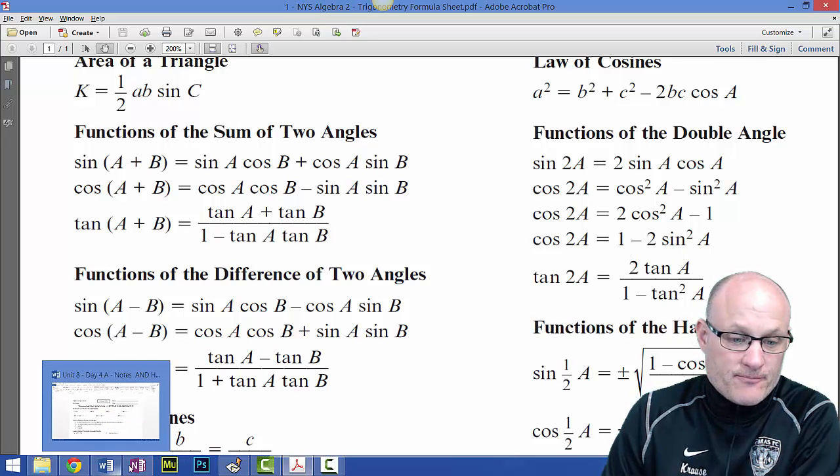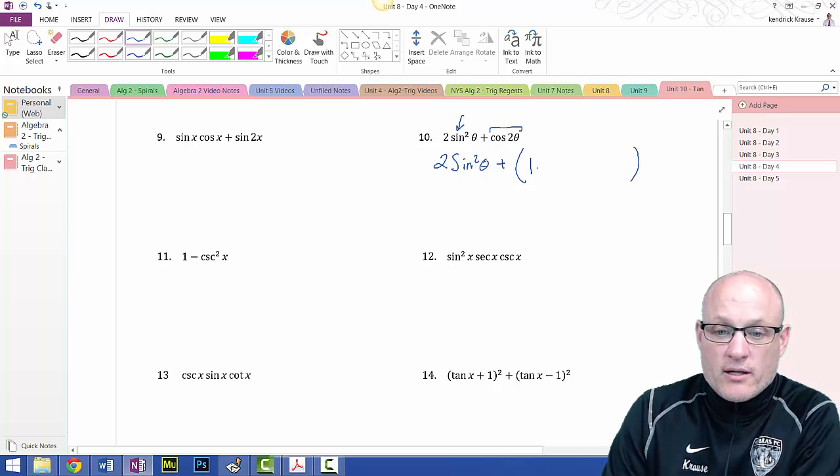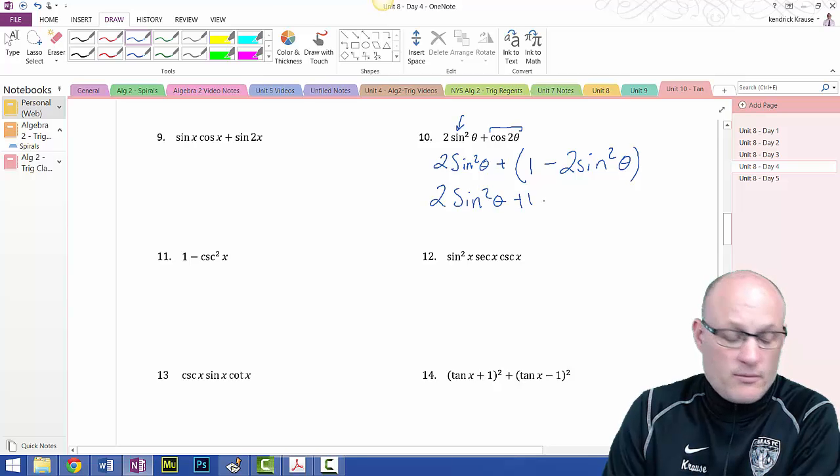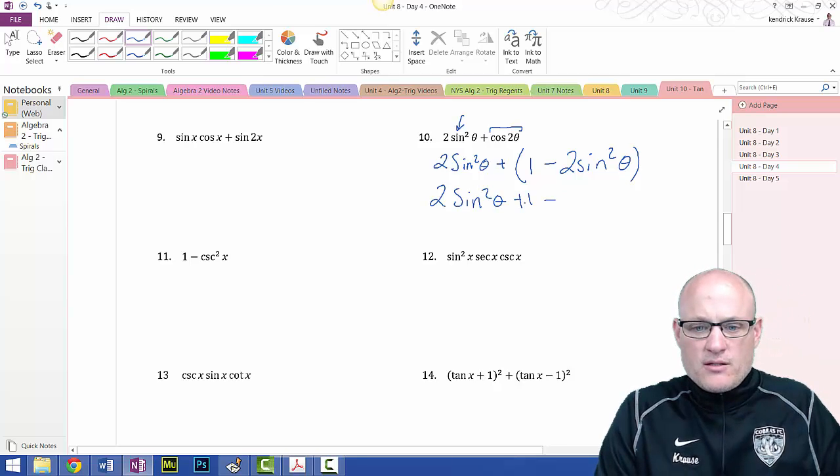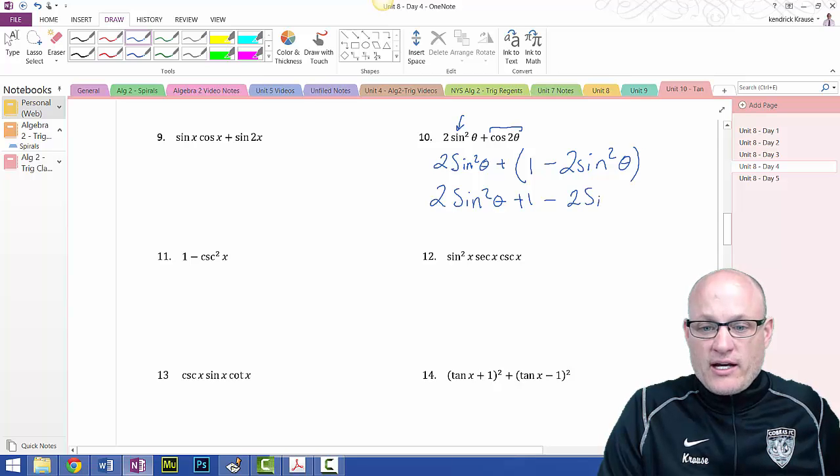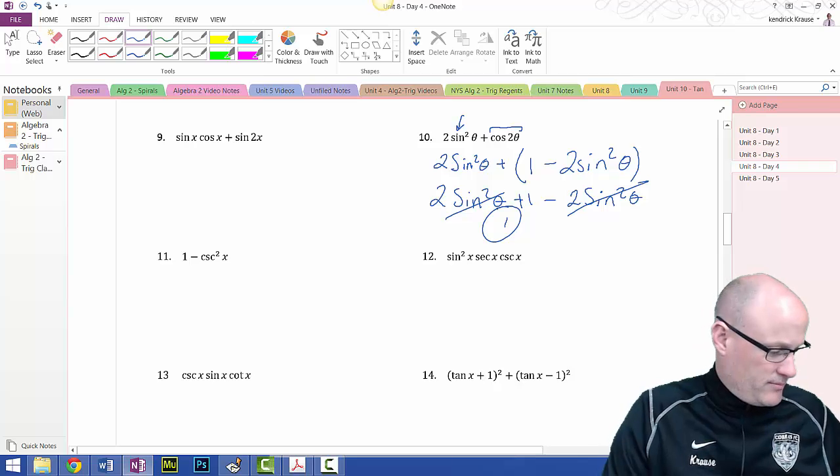Let's try that one. Well, this gives me 2 sine squared theta plus 1 minus 2 sine squared theta. Well, these just cancel. It looks like my answer is just 1.